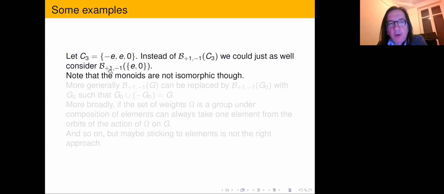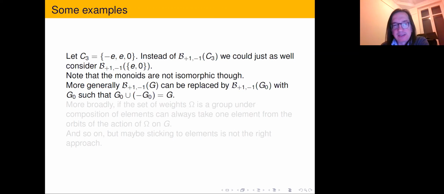I just take the opposite way. The monoids, these two, are not really isomorphic, but for questions of studying the arithmetic, they are the same. For instance, one can take another transfer homomorphism from this monoid to this monoid. So in that sense, this transfer homomorphism is not ideal.